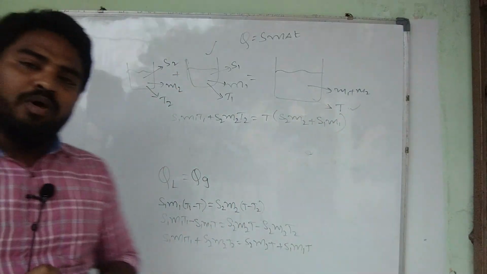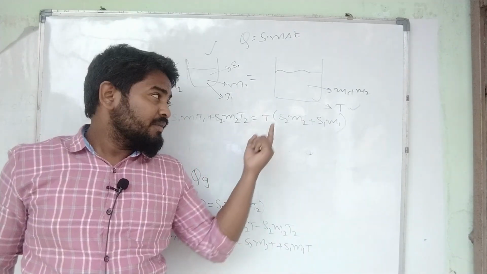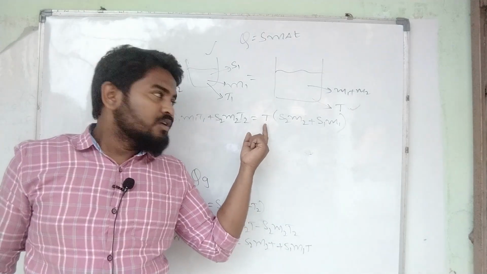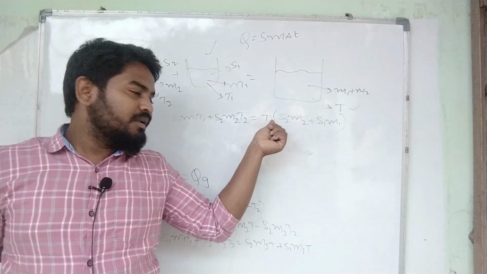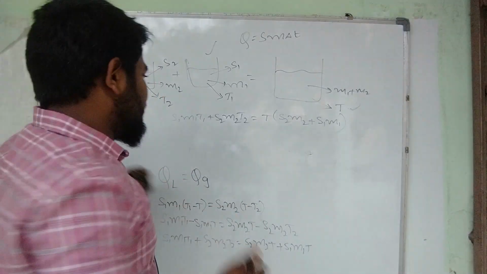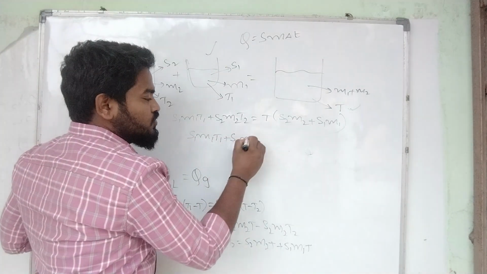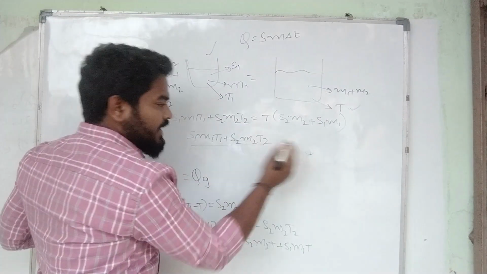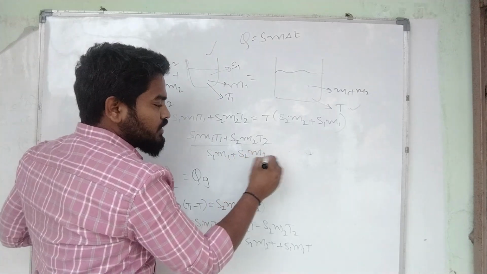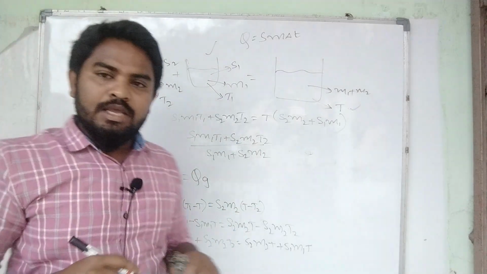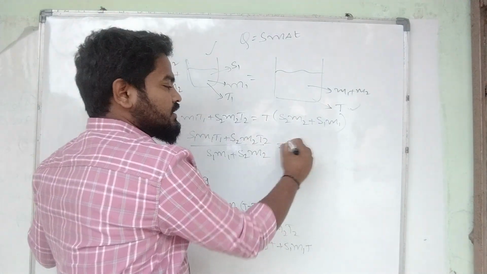What we want to find is the final temperature, so send this term to the other side. Here it is multiplication, so on the other side it becomes a division. So T = (S1 M1 T1 plus S2 M2 T2) divided by (S1 M1 plus S2 M2), which is the final temperature.